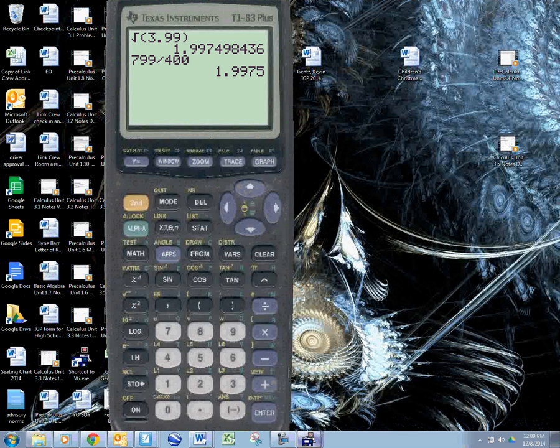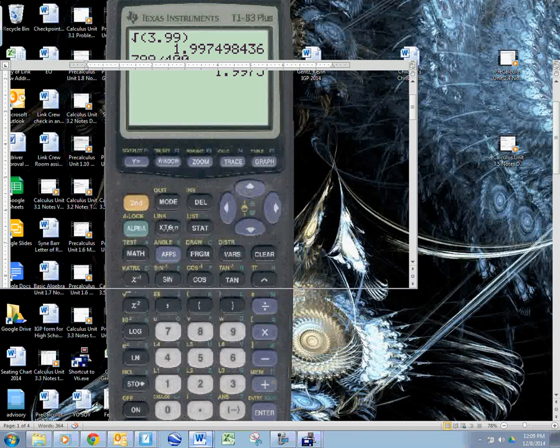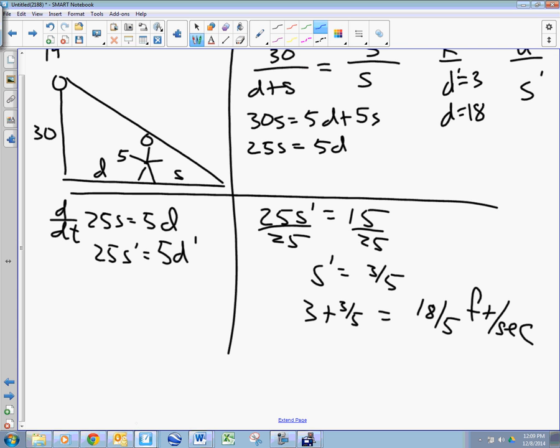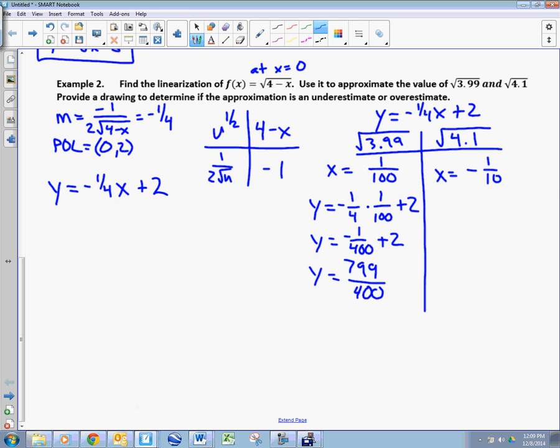Okay, let's do another one. Okay, there we go. Now we have x is negative 1/10. Y is equal to negative 1 over 4 times negative 1 over 10 plus 2.